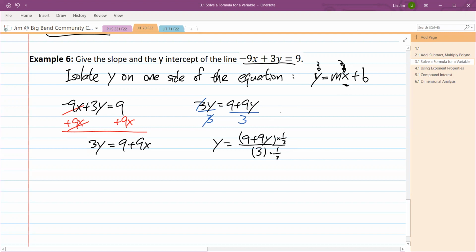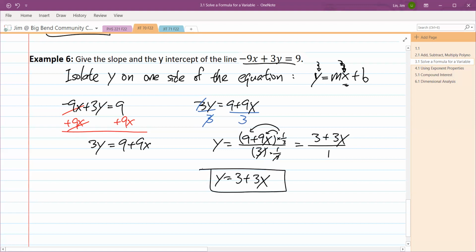I believe other instructors have a different way, but if we do that, then we can eventually get the answer as 3, because we have to expand this term, right? 9 times 1 over 3 gives you 3. 9x times 1 over 3 gives you 3x. So we have 3 plus 3x over 1 when the 3's are divided out on the denominator. So the final answer will be y equals 3 plus 3x.